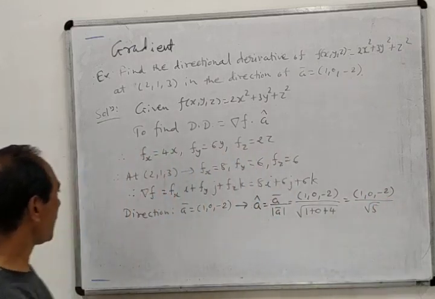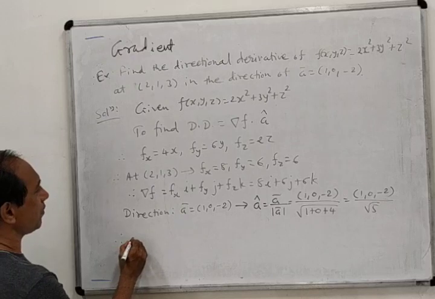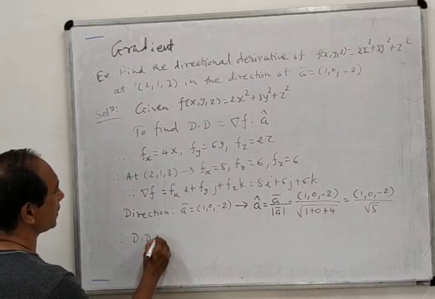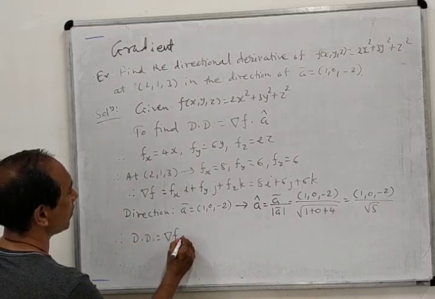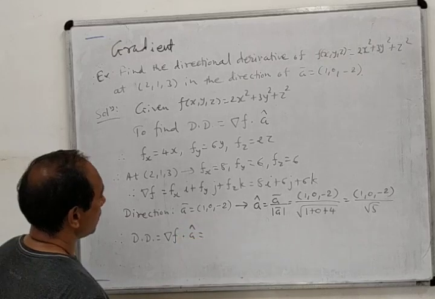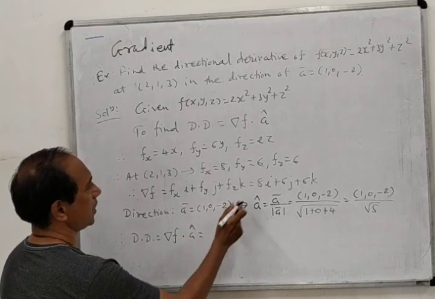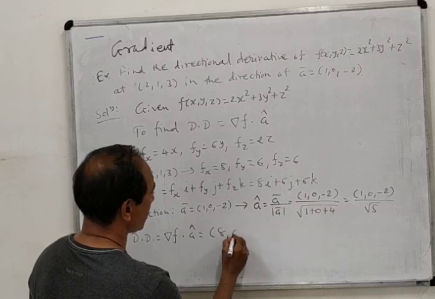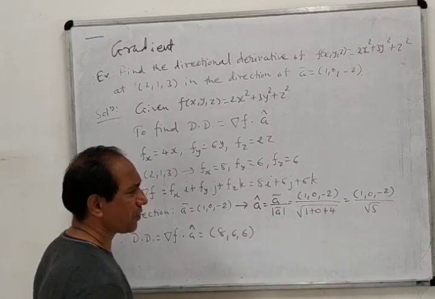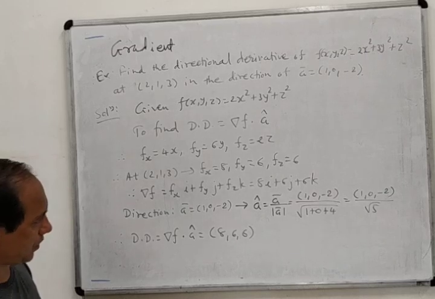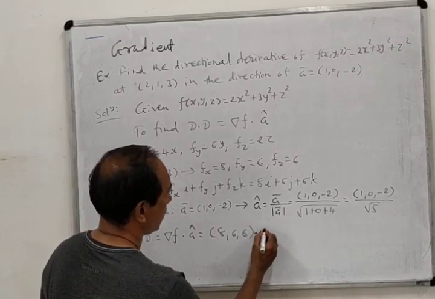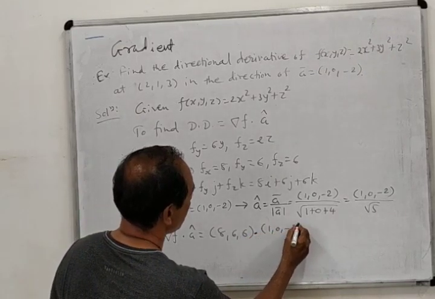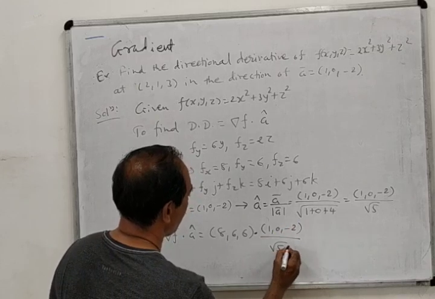And therefore we have directional derivative equal to gradient of f dot a cap. So gradient of f is what? 8i plus 6j plus 6k. We can also write this as (8, 6, 6) as we have written in the point system form, dot (1, 0, minus 2) divided by square root of 5.